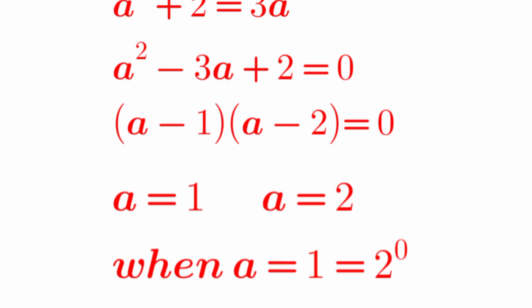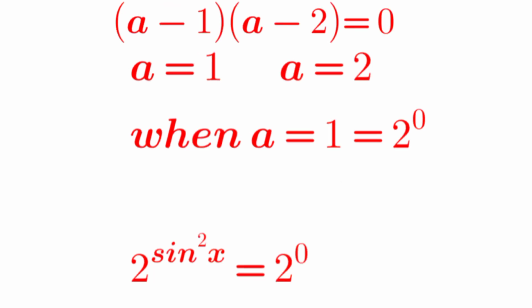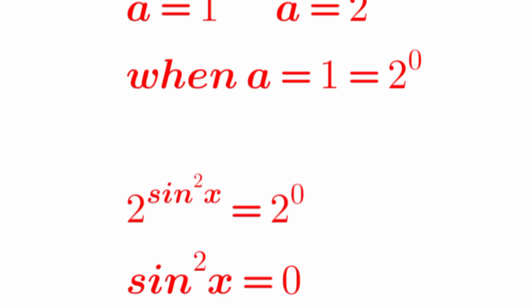Now as you can remember, when we substituted, we had that 2 raised to the power of sine squared x is equal to a. So here we have 2 raised to the power of sine squared x is equal to 2 raised to the power of 0. According to the laws of indices again, we have equal bases. So this is going to give us sine squared x is equal to 0.